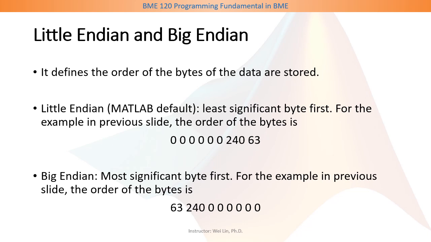Well, remember when you use the fopen function, there's an input called format. If you don't specify any format, it will use the default, which is little endian. And if you specify a format, it can be either little endian or big endian. So just for simplicity, we don't specify that, so we know that the format will be little endian.